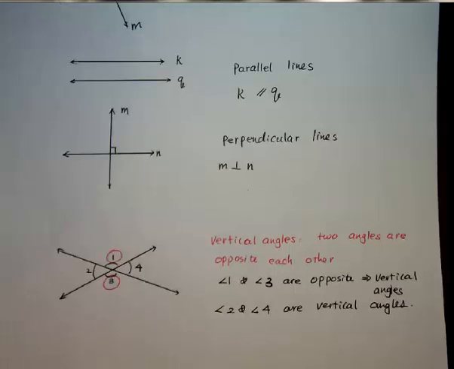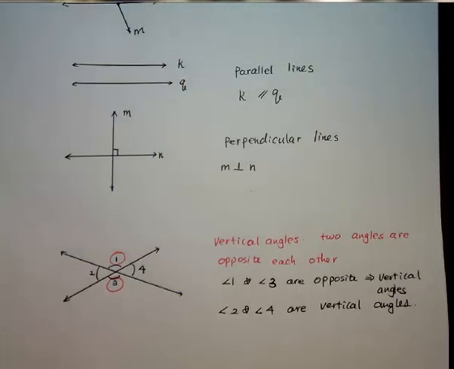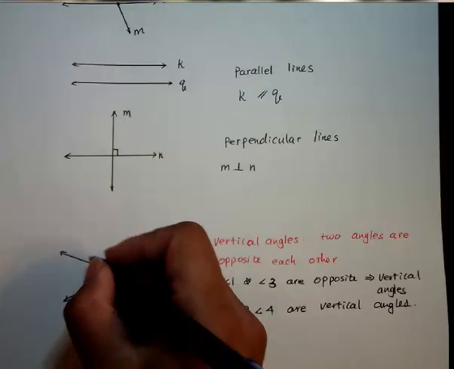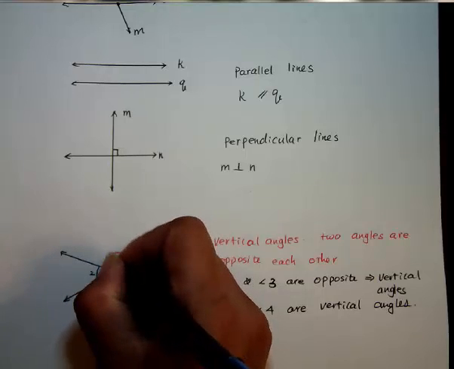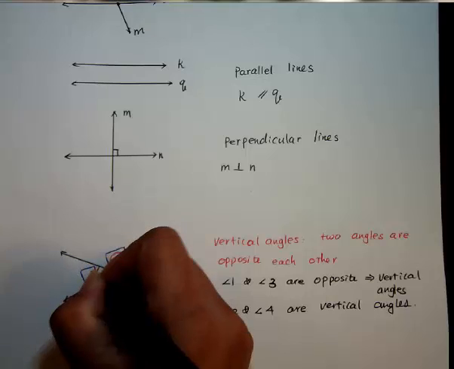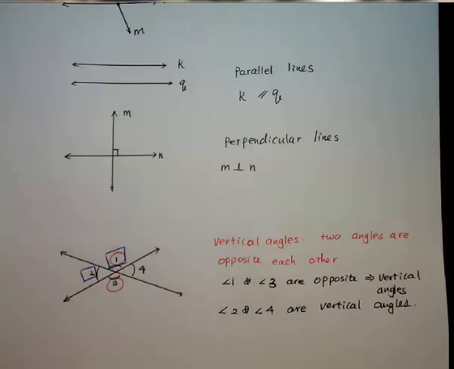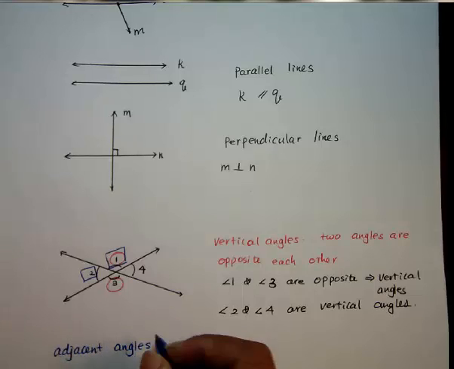And the angles that are next to each other, for instance, 1 and 2, share a side. So those are called adjacent angles.